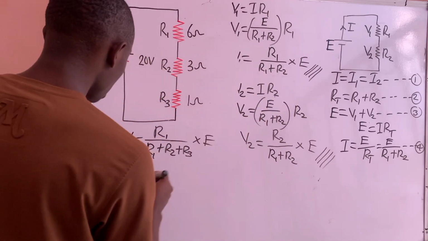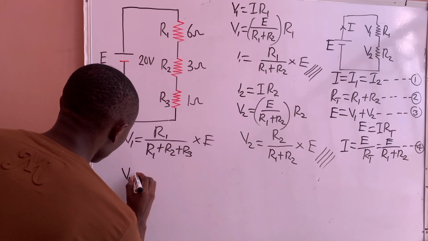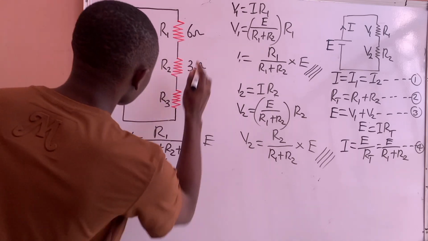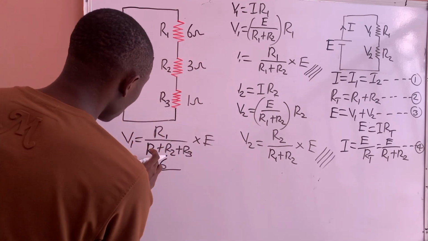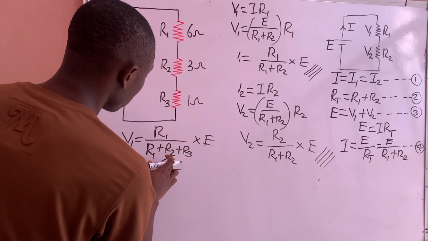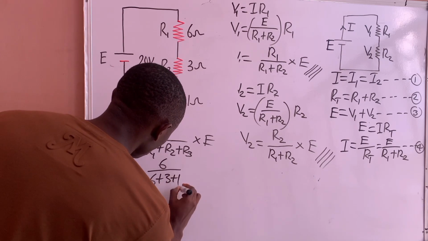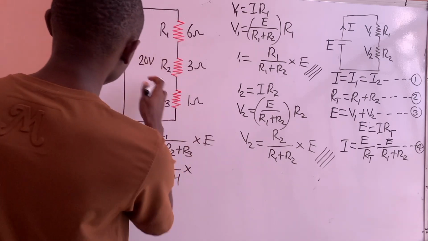So now the voltage V1 will be equal to 6 ohms divided by 6 plus 3 plus 1, which is resistor R1 plus resistor R2 plus resistor R3, multiplied by the source voltage, which is 20.